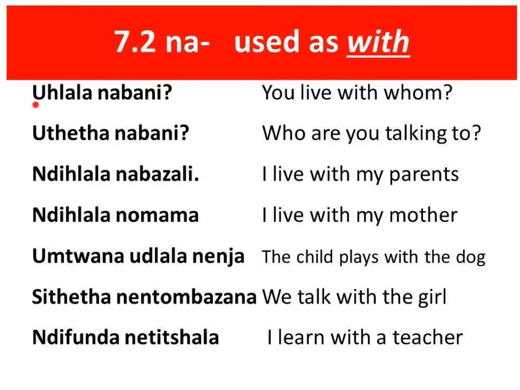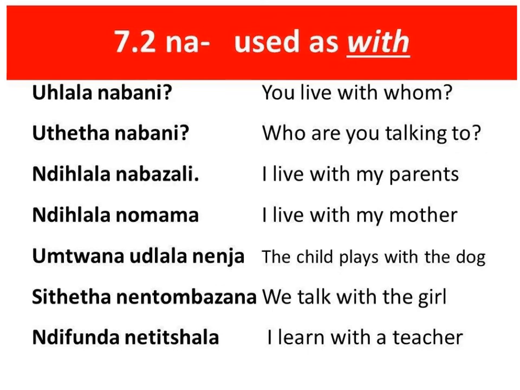And you can ask, uhlala nabani, who do you live with? Or uteta nabani, who are you talking to, if somebody, for example, is on the phone. And to answer those questions, you would then be able to say, Ndihlala nabazali, or Ndihlala no mama, I live with my mother, or I live with my parents.